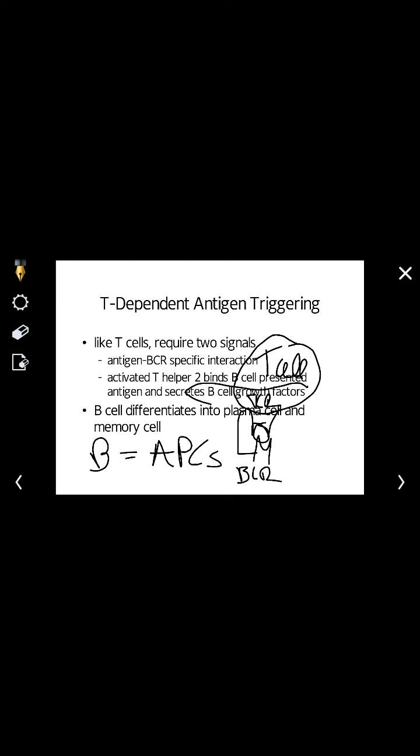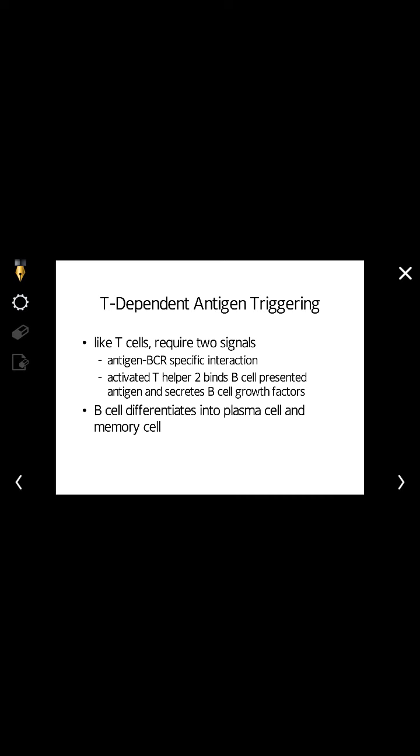So these would be cytokines. It would release cytokines that say, grow, grow, you're doing great. And the B cell says, okay, I can do that. After that, the B cell will differentiate into a plasma cell and a memory cell.